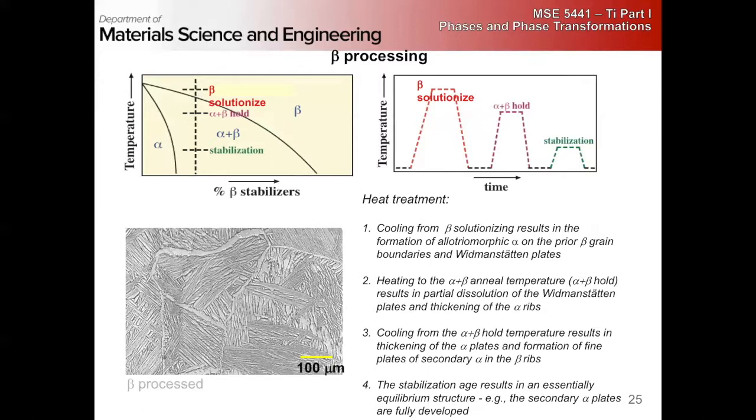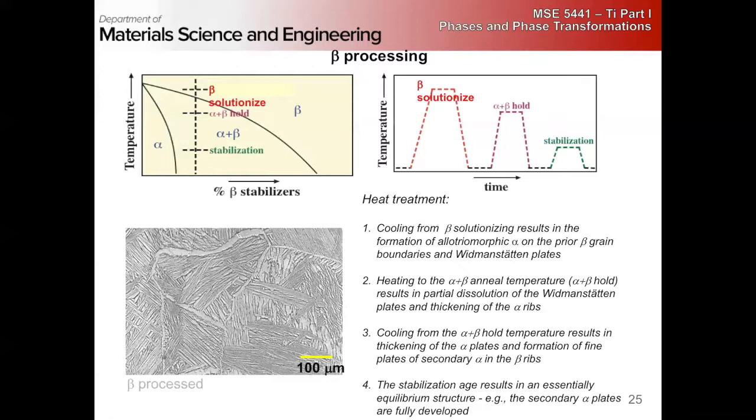So when we cool down quickly from the solutionized state, we get formation of allotriomorphic grain boundary alpha on the prior beta grain boundaries, and will begin to form some Widmanstätten alpha, right?